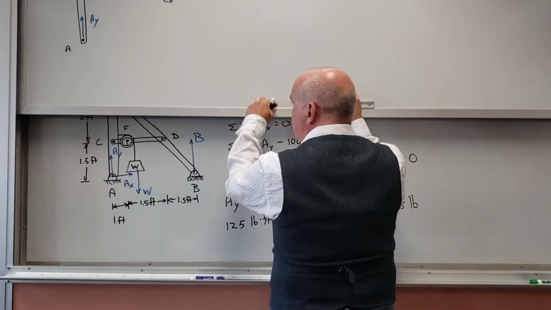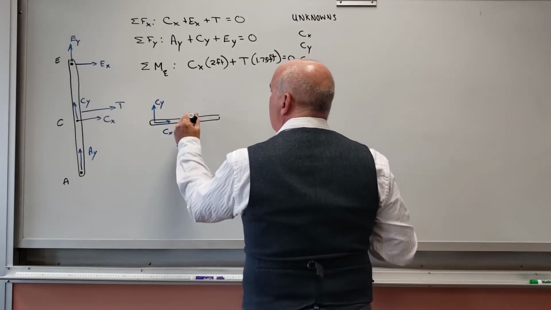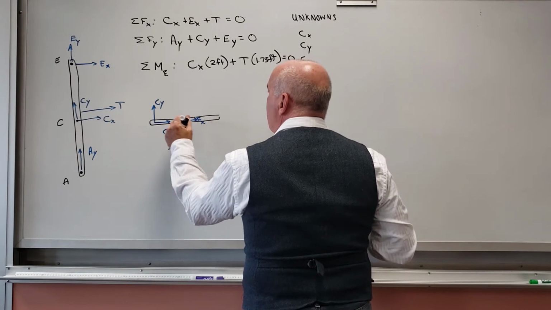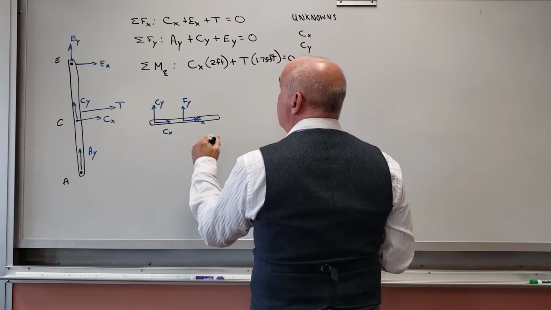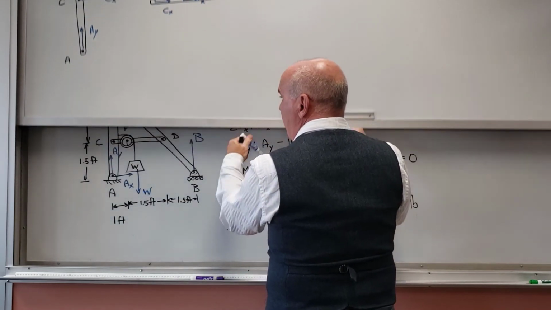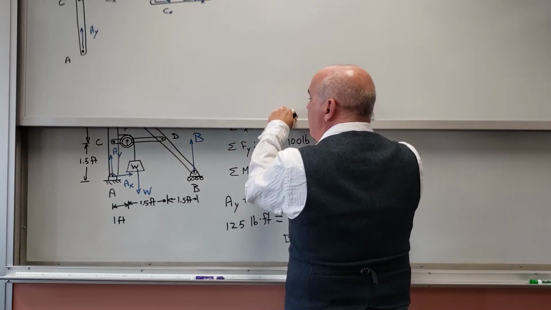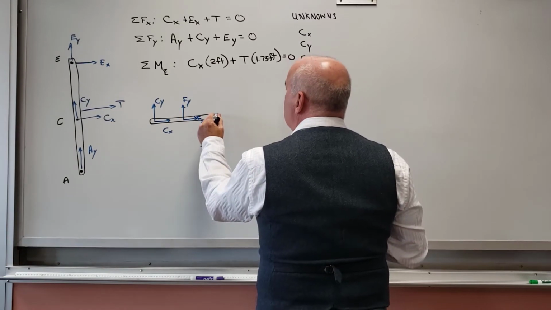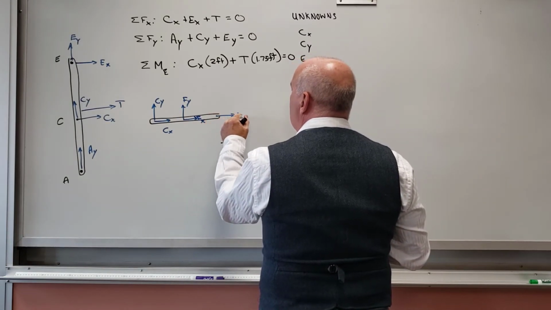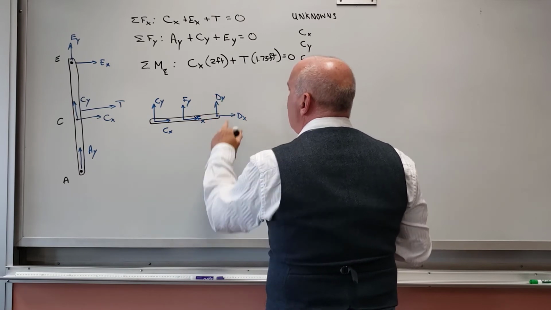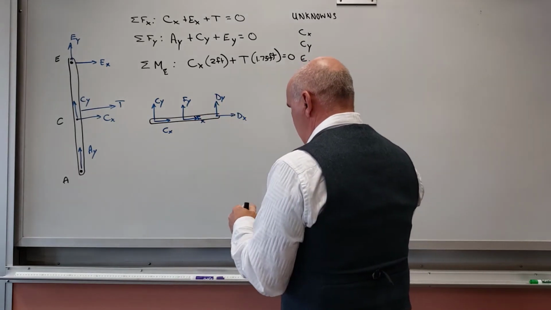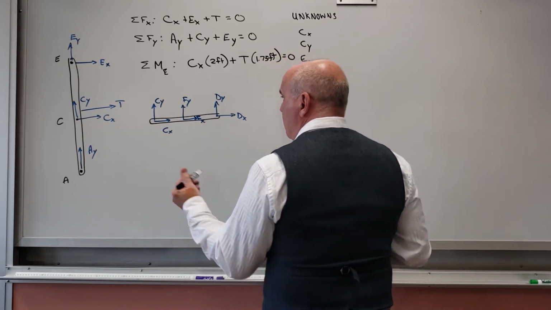Yeah, so there's FX and FY. And then the far right-hand side is some point D, and so that's DX and DY.